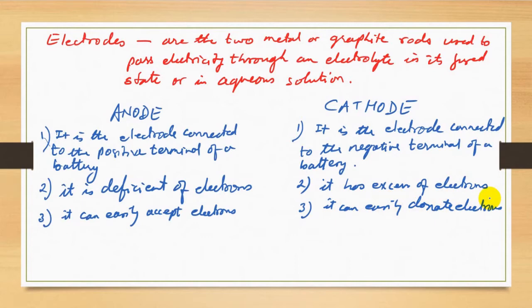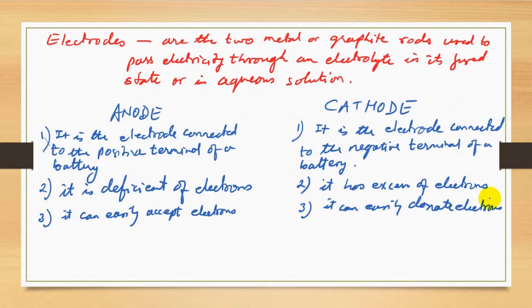If I say cation, what will happen? Cations are positive, so they'll move towards the negative. That means cations will go towards cathode and anions will go towards anode. So when a cation comes towards cathode, it will take an electron and become neutral.